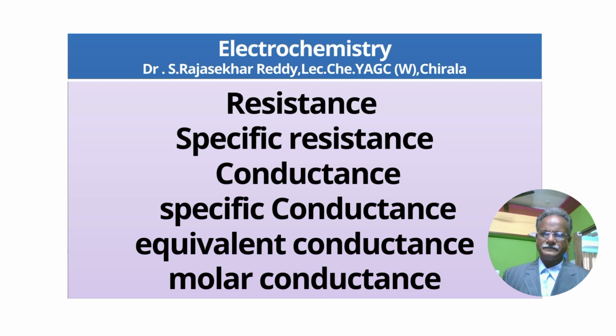These are six parameters, that is resistance, specific resistance, conductance, specific conductance, equivalent conductance, molar conductance. By using these parameters, we can define electrolytic conductor as well as electronic conductors also.